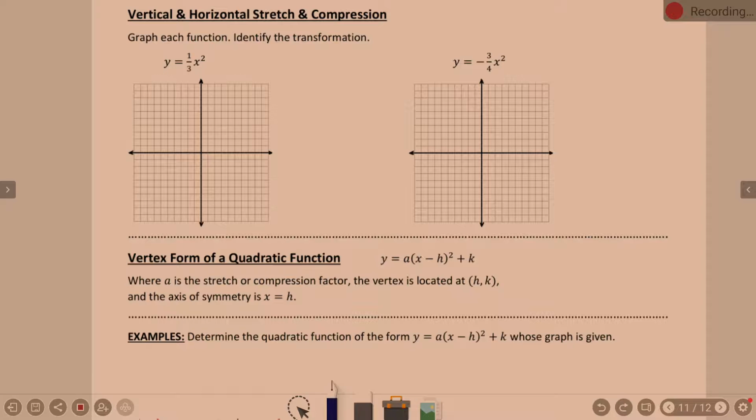Let's see. I think I'm going to go ahead and write that in so I don't forget. Vertical compression by factor of 1/3.